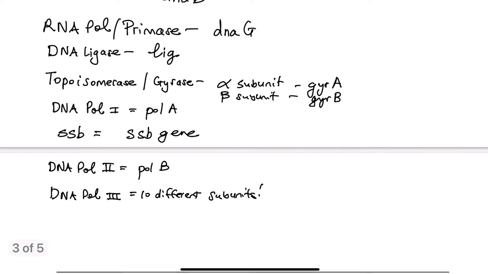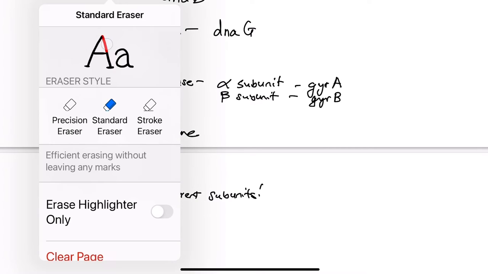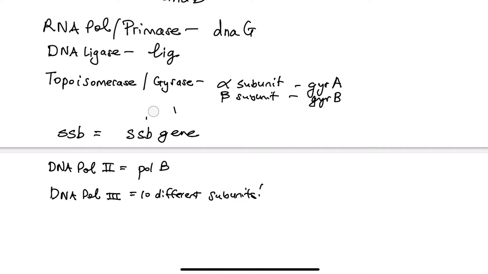Next up, let's look at our pol 1, 2, and 3. We can put our DNA pol 1 up here next to it.